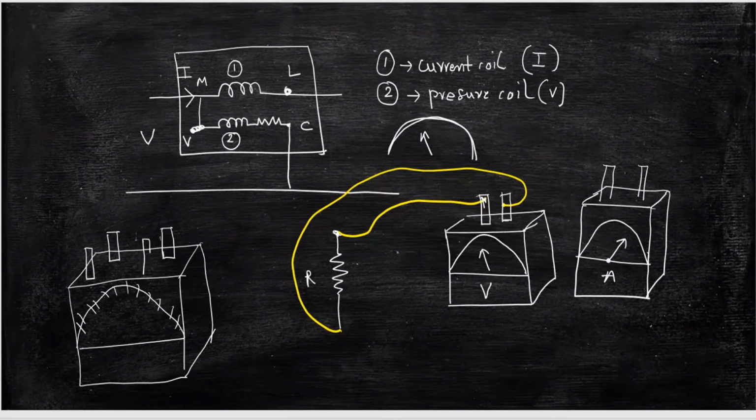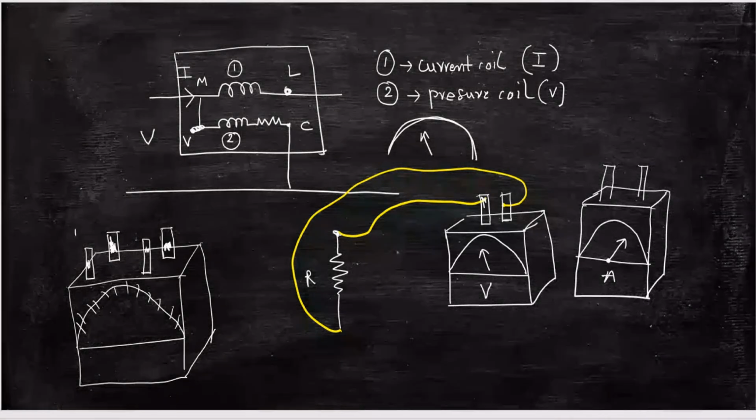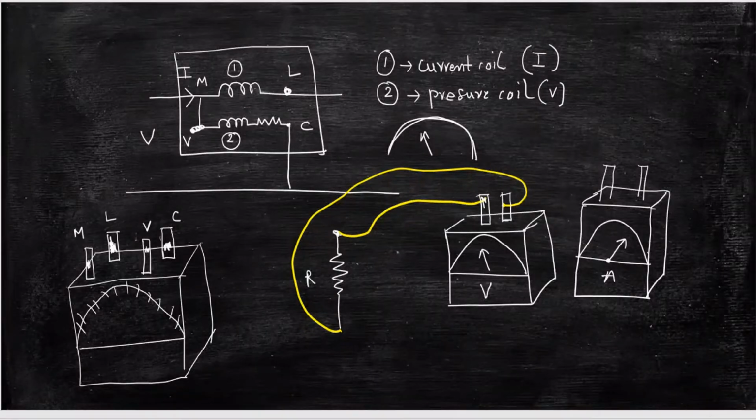Four terminals are connected to this wattmeter, and these four terminals are called M, L, C and V. This is your wattmeter.